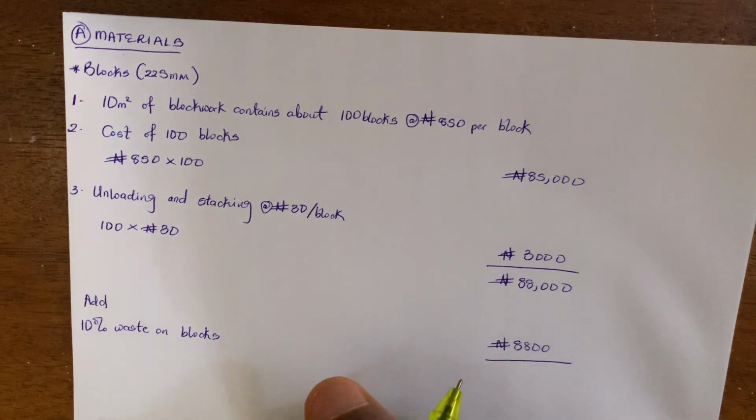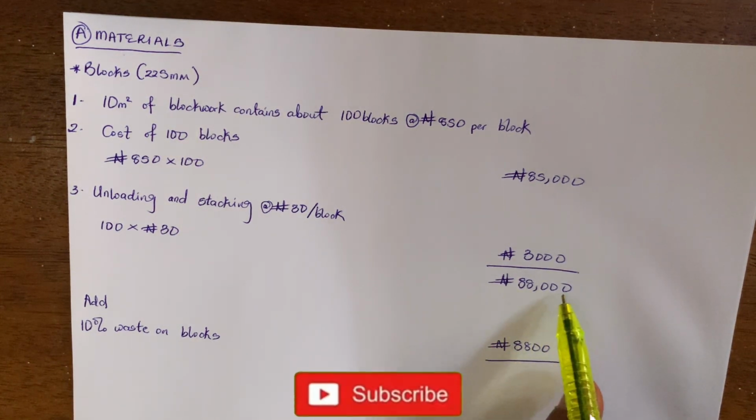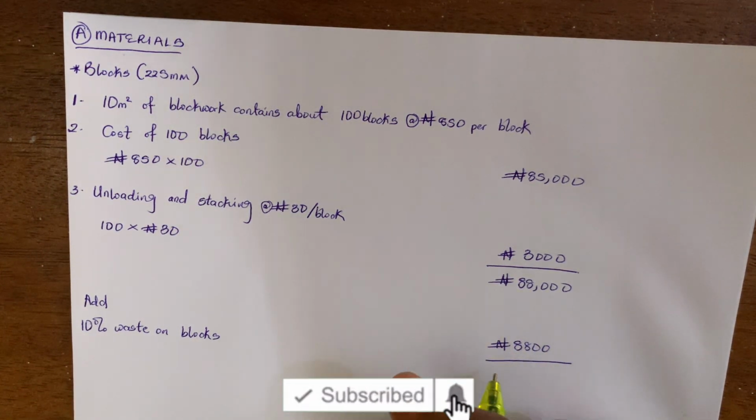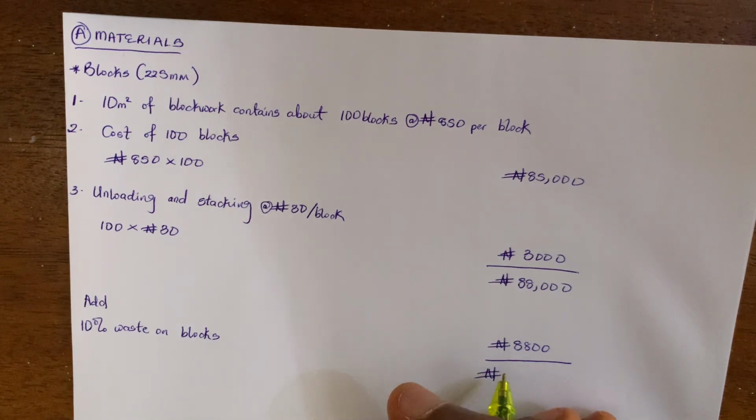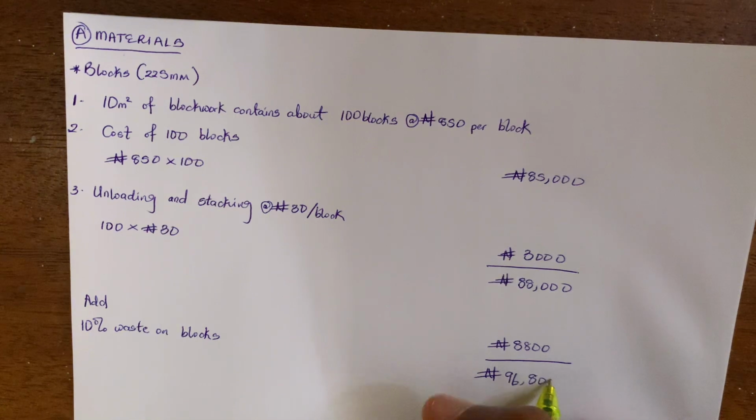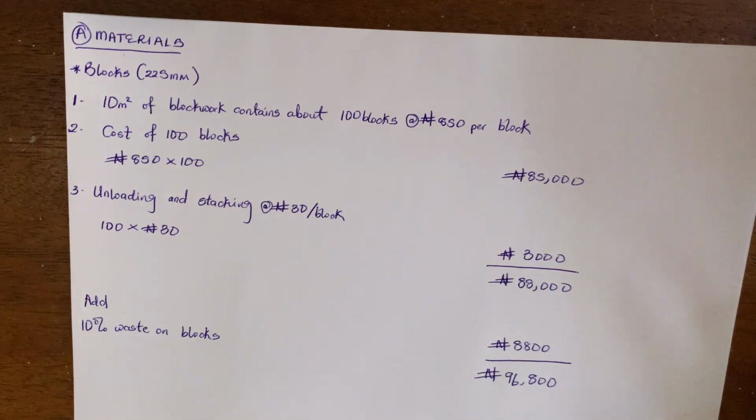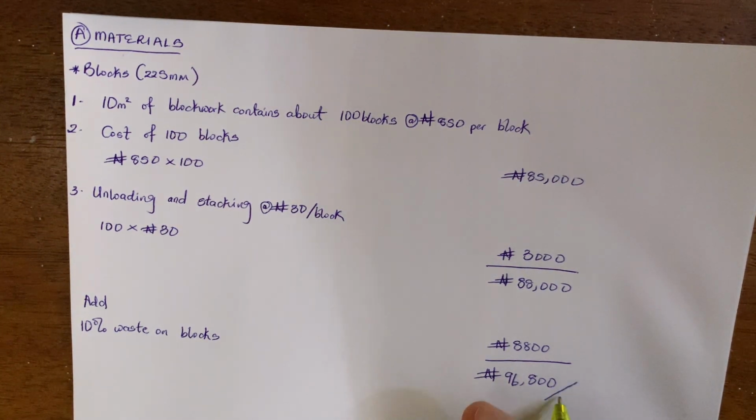So when we add the two together, that's 88,000 plus 8,800, we're going to be having 96,800, sorry, for 10 meters square of blockwork.